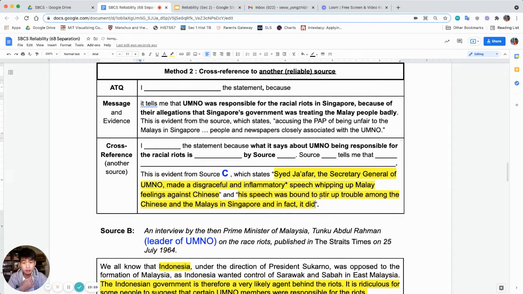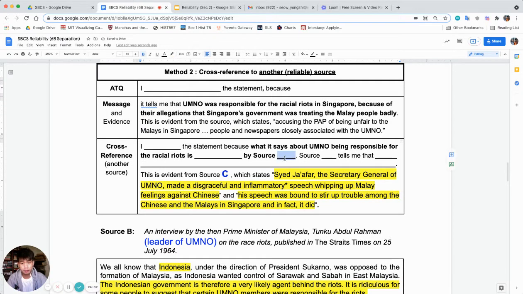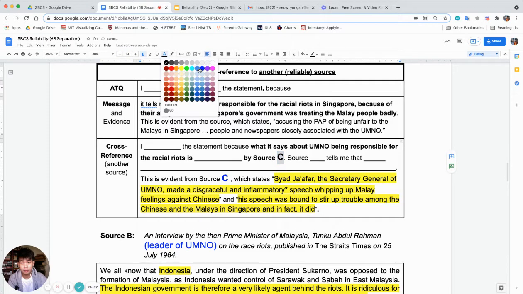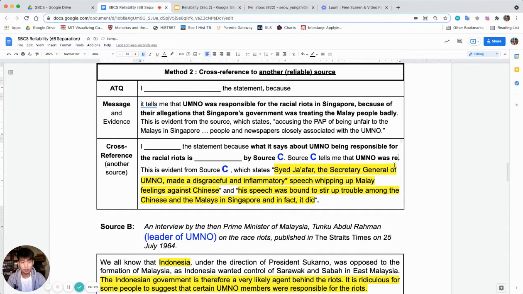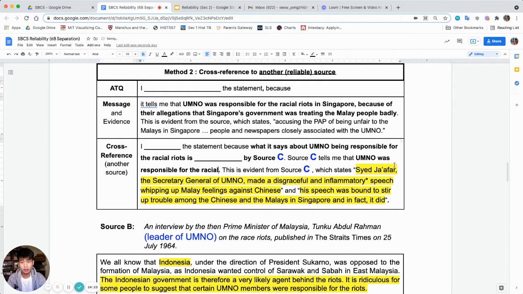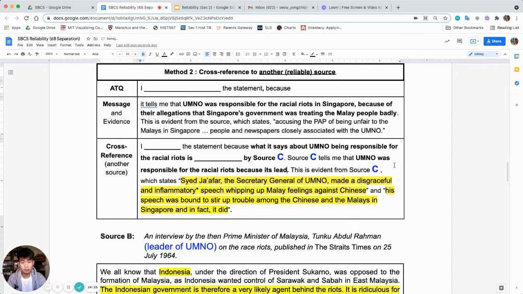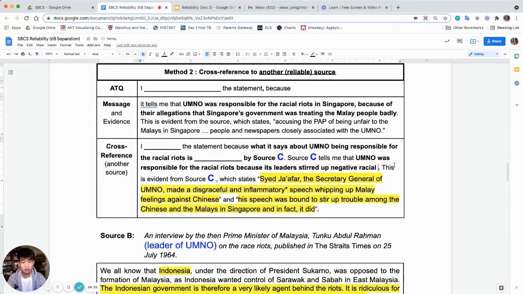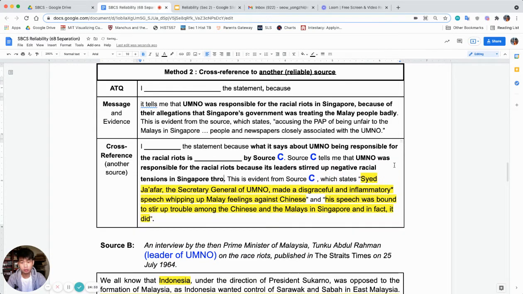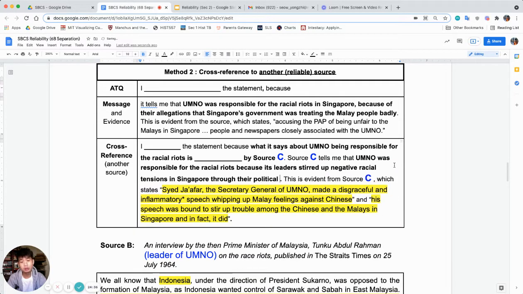From this evidence, I can draw out the inference. I can't just dump the evidence. I need to draw out the inference. Source C tells me that UMNO was responsible for the racial riots because its leaders stirred up negative racial tensions in Singapore through their political interventions.